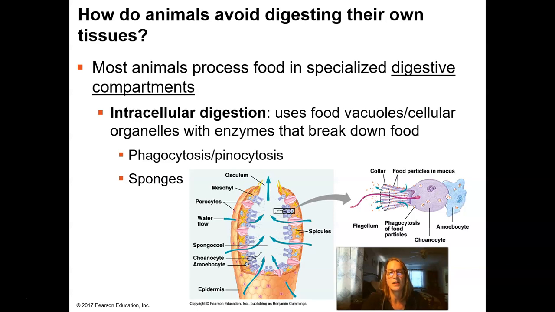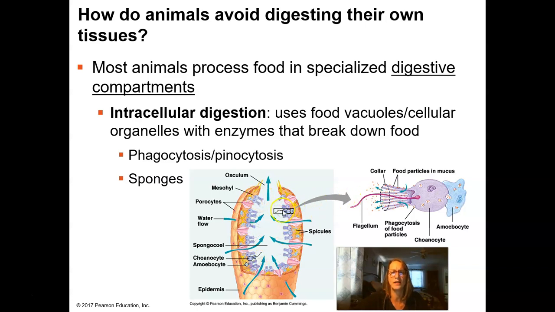It takes up tiny little molecules into its individual cells, these choanocytes here. So you can see that here's the inside of the sponge, and it's got all of these little individualized cells, choanocytes, and some other things.